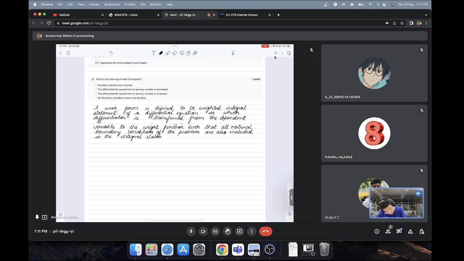So we will go through the options now. Solutions obtained are incorrect? No, these are obviously incorrect, but we are going for approximation. So the better statement would be: solutions obtained are approximate.